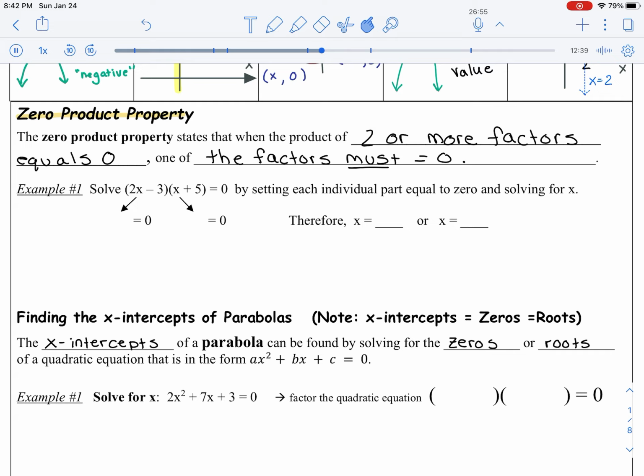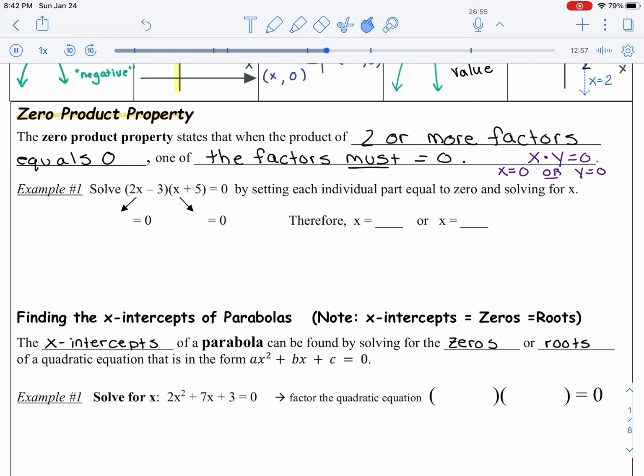And that makes sense. In a small sense, it means something like if I say, x times y equals 0, I know that either x equals 0 or y equals 0.